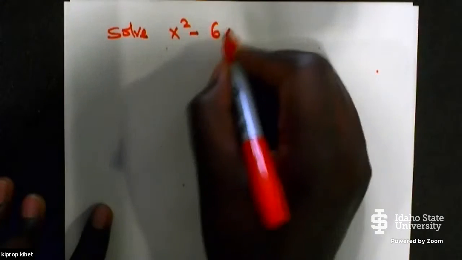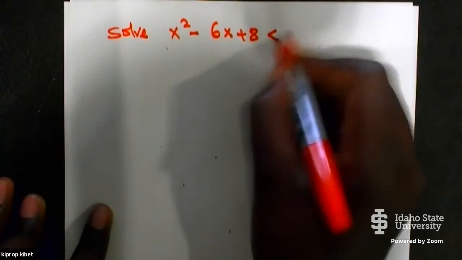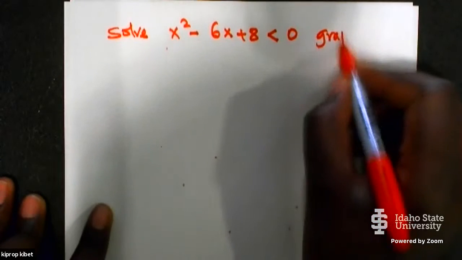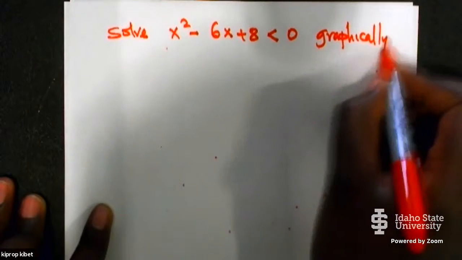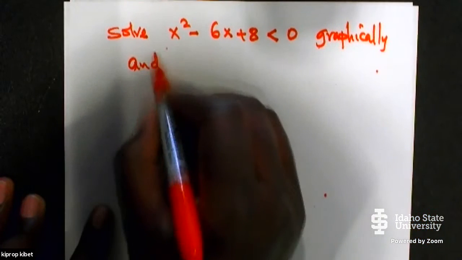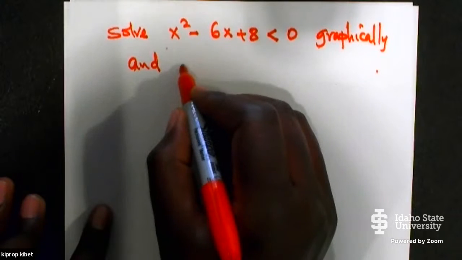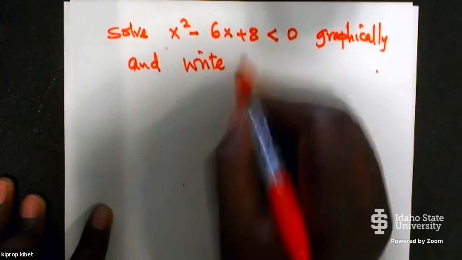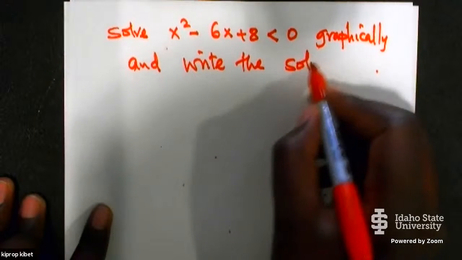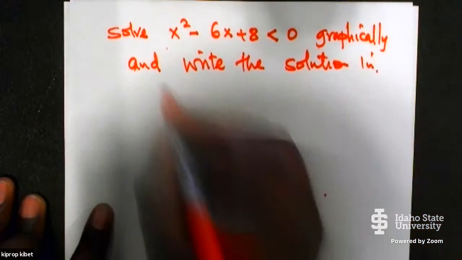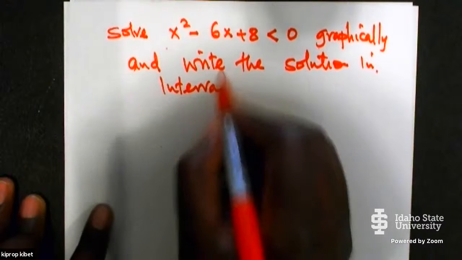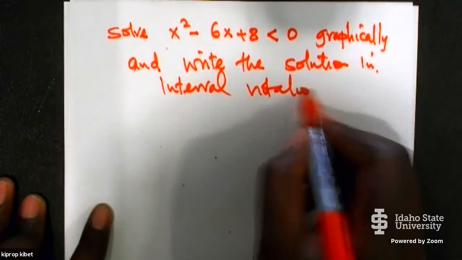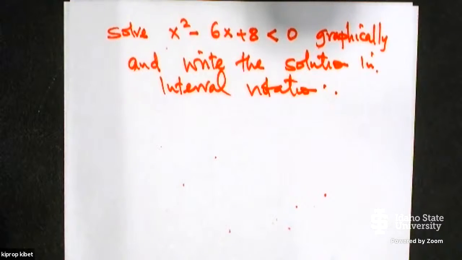Solve x squared minus 6x plus 8 less than 0 graphically, and write the solution in interval notation.